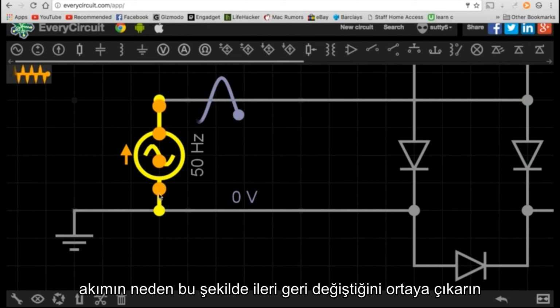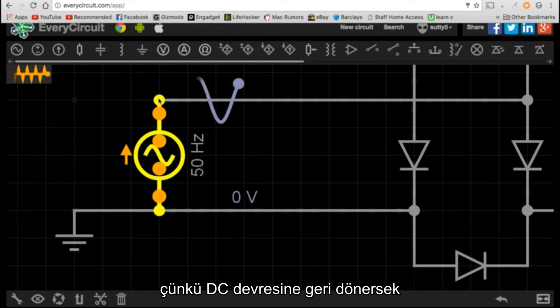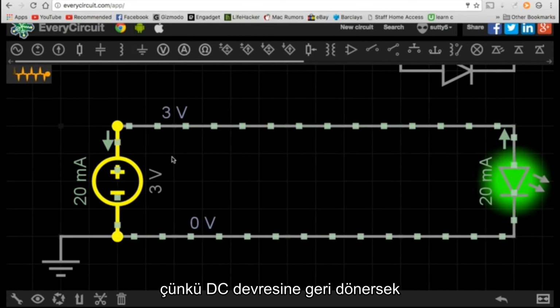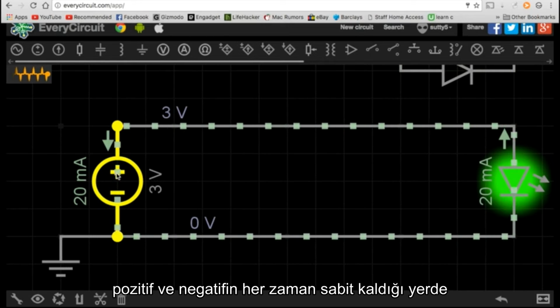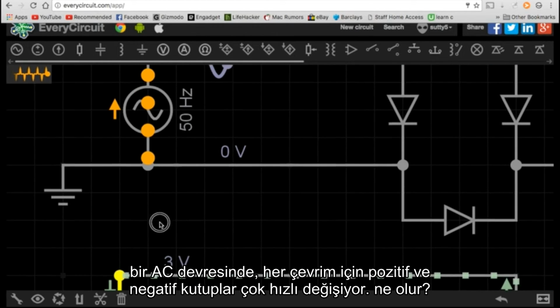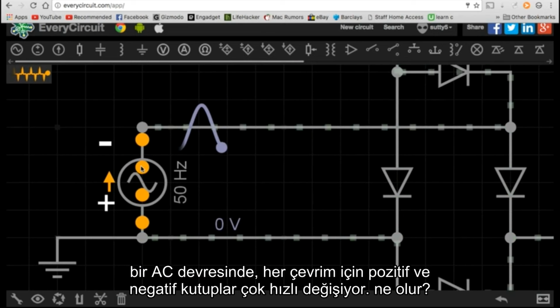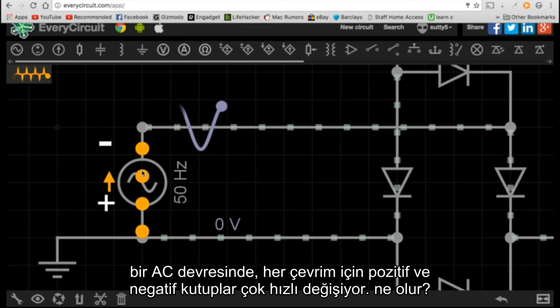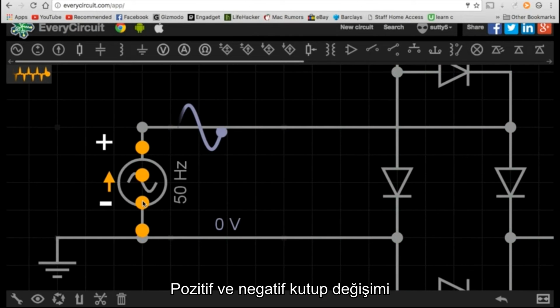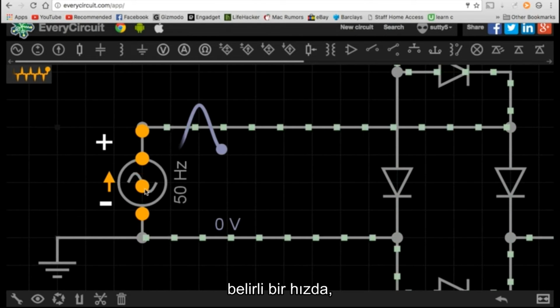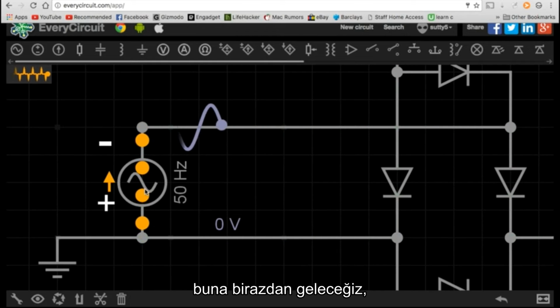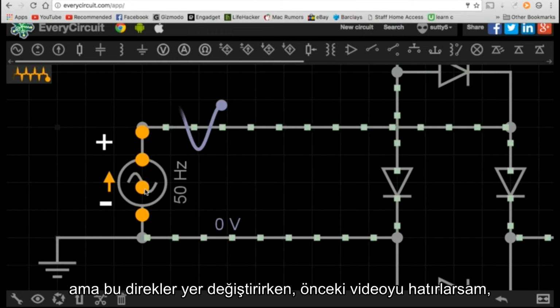The reason why the current is alternating back and forth like this is because if we go back to the DC circuit, where the positive and negative always stay constant, in an AC circuit, the positive and negative poles are changing for every cycle. So very quickly what happens is the positive and negative poles swap at a certain speed, and we'll get to that in a moment.